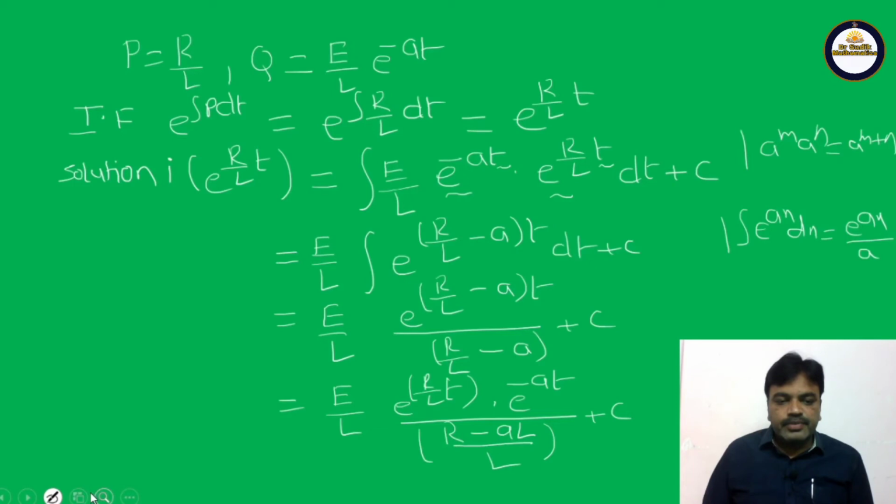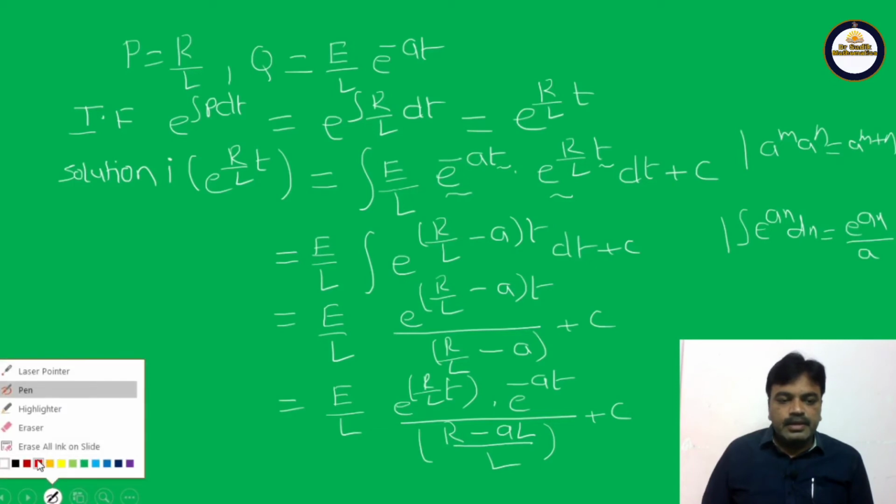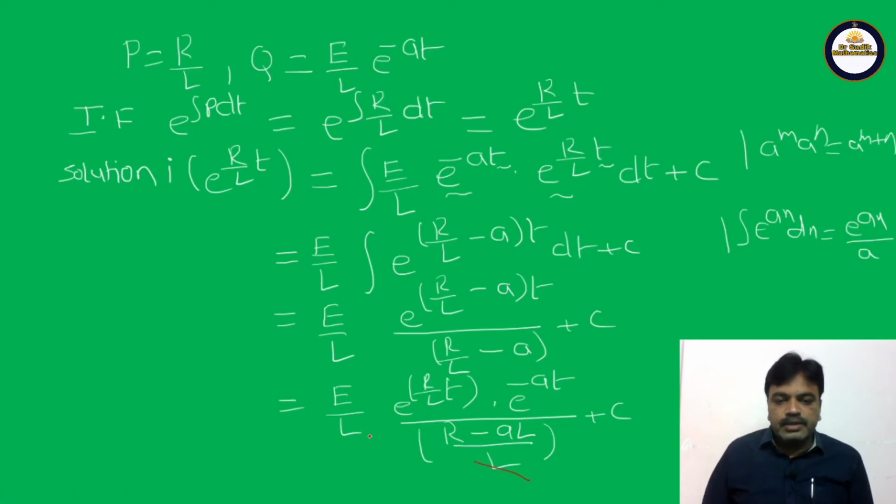See friends, here L cancels. Now I divide with e power r by L into t. So here also we have e power r by L into t, so these two are cancelled.